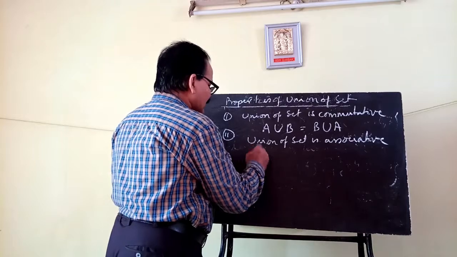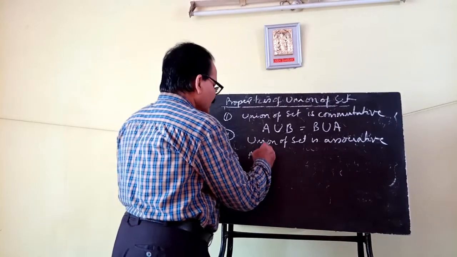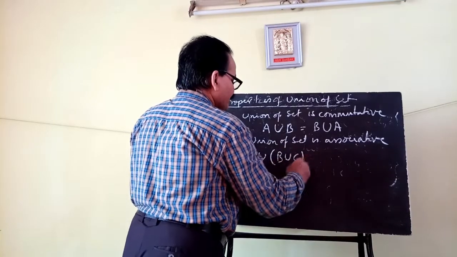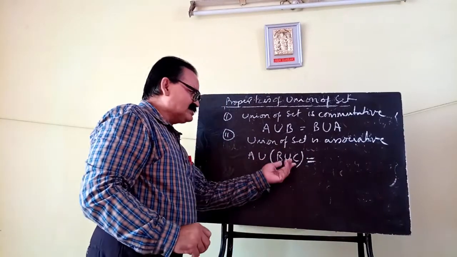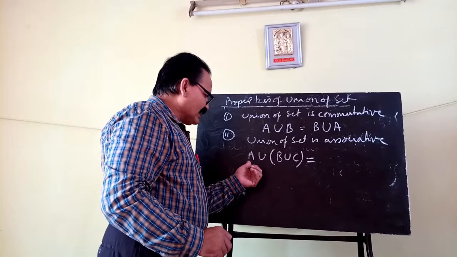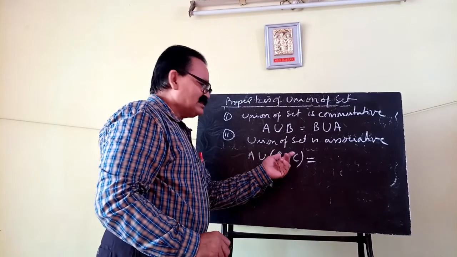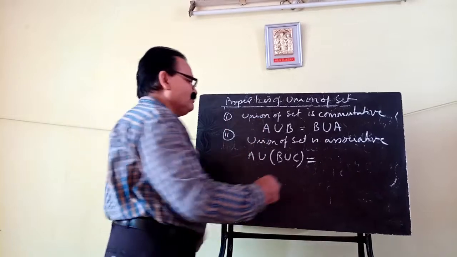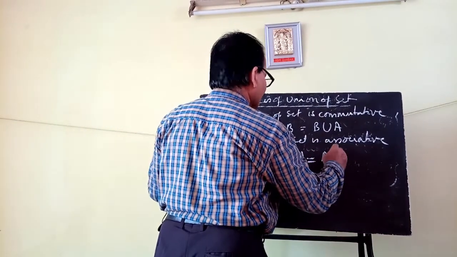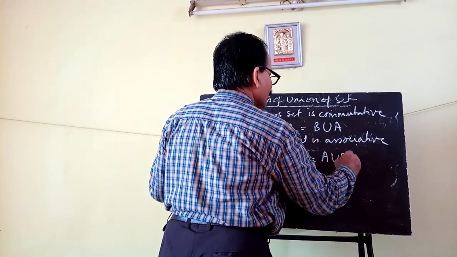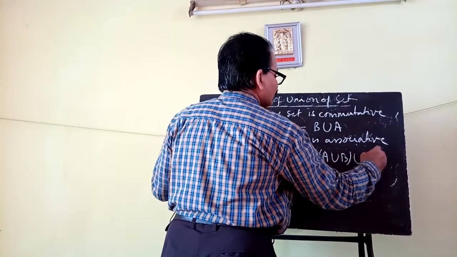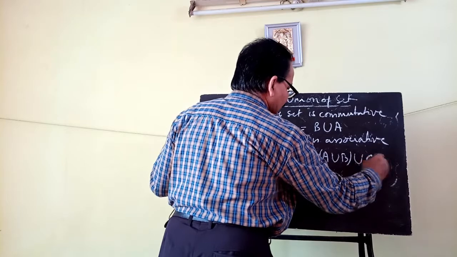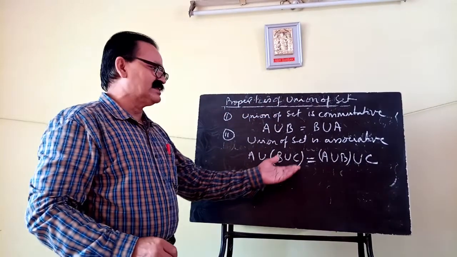Suppose there are 3 sets: A union, under bracket, B union C. If you add A with the value of B union C, you will get the same value as when you add A union B first and then add the value of A union B with set C.